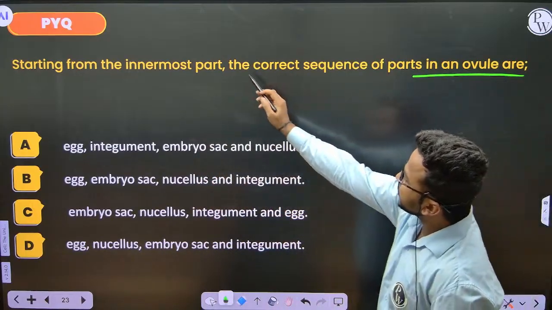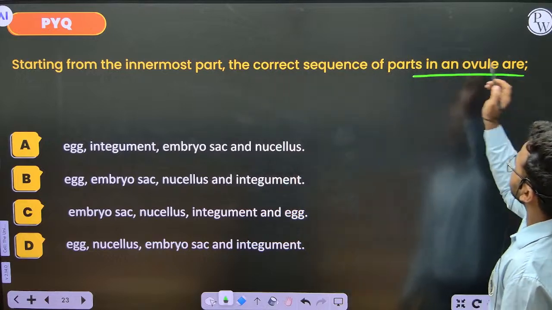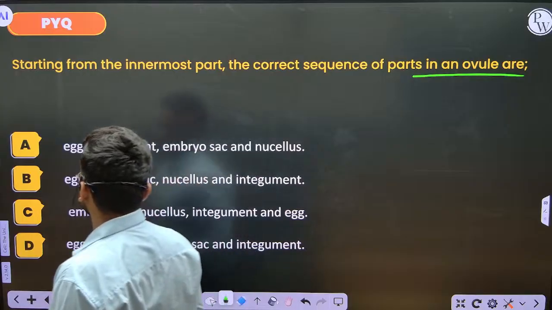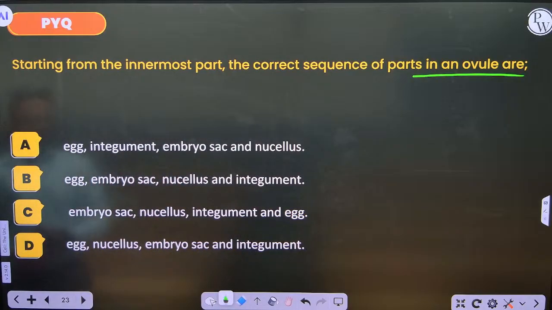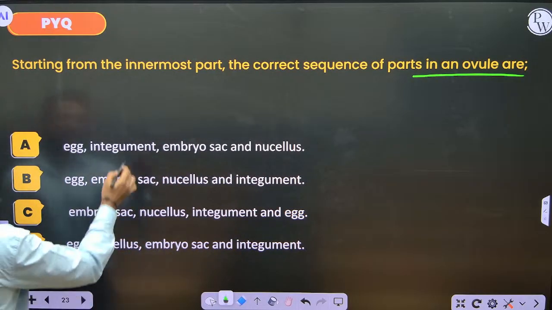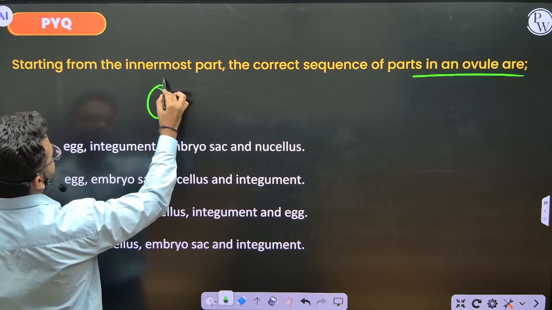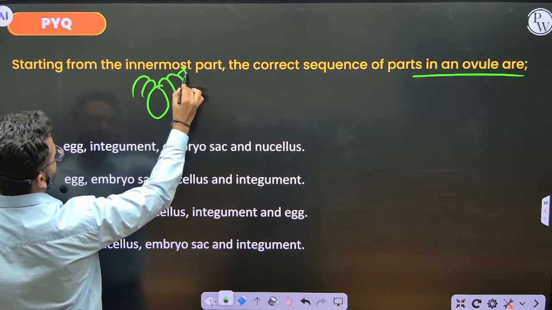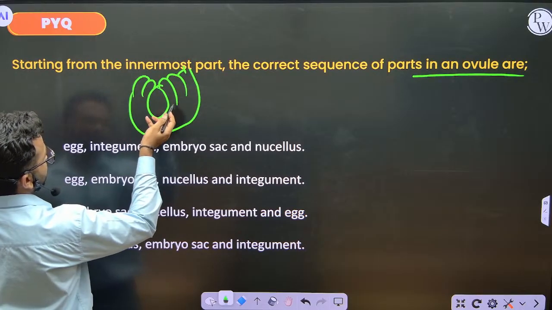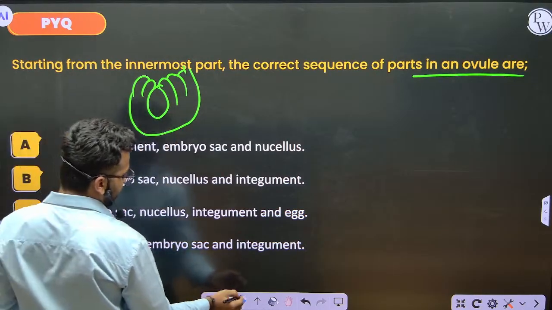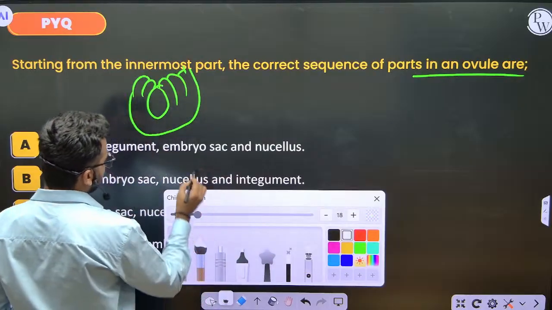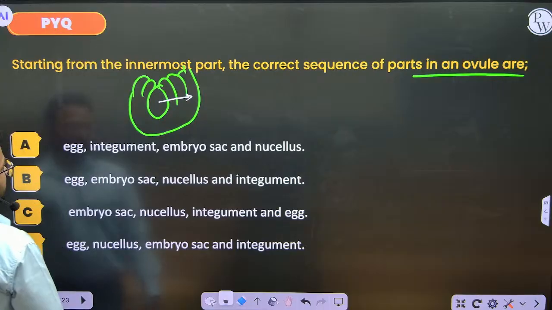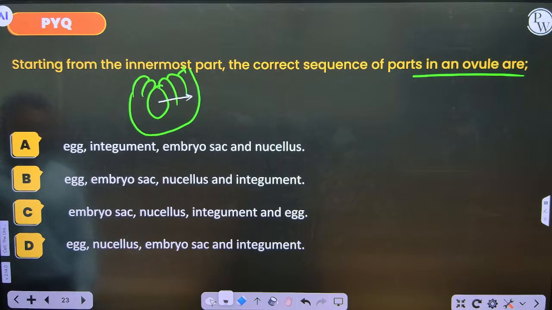Starting from the innermost part, the correct sequence of parts of the ovule. So if it is an ovule, you need to come from the inner side to the outer side like this. So which one will be the answer here?